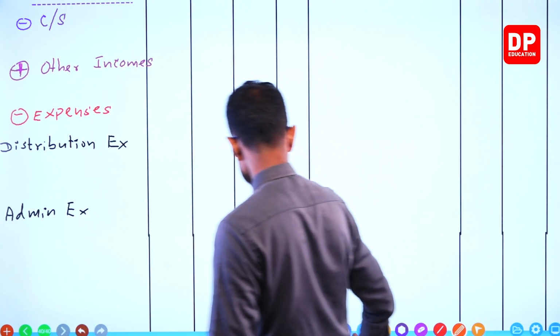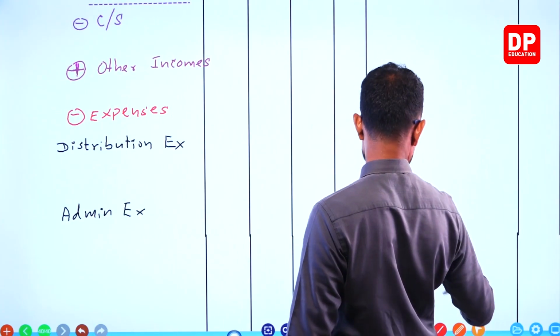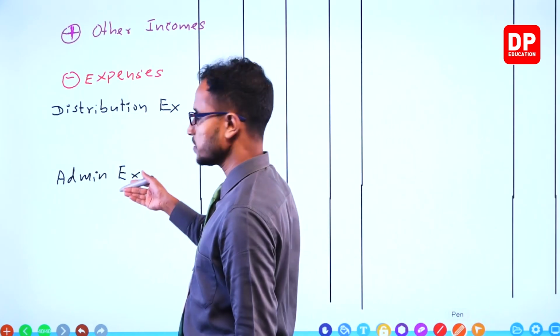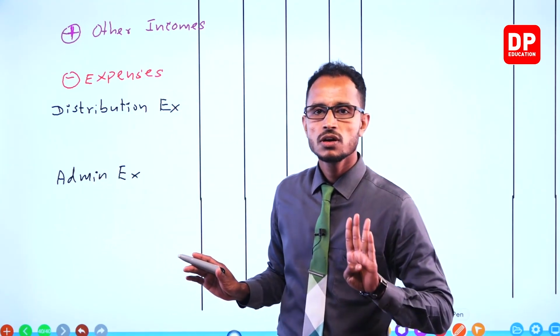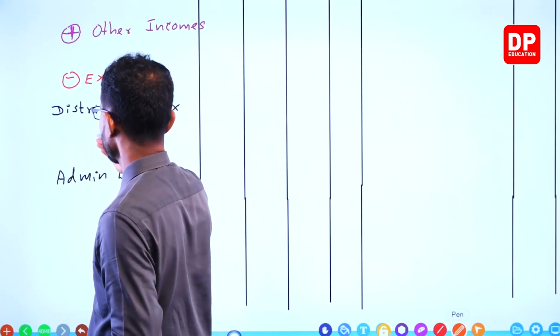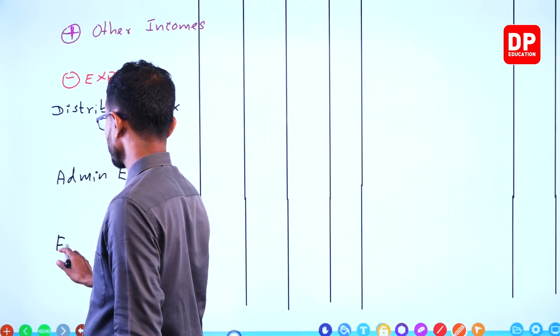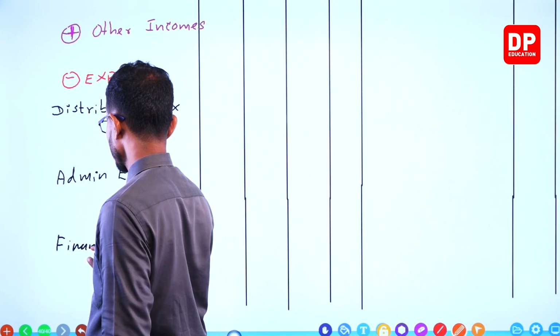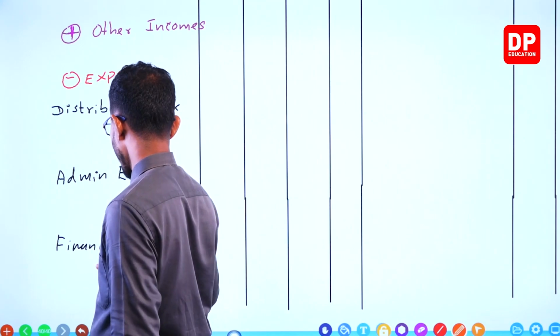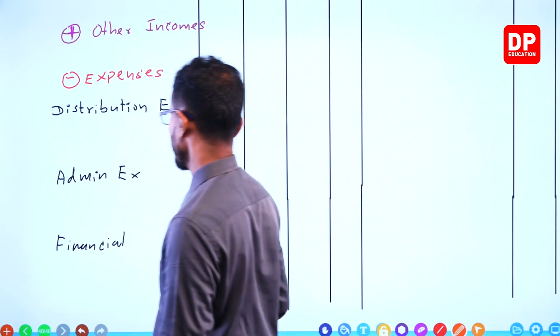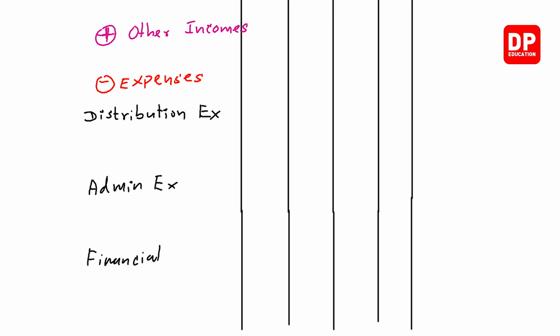Leave at least four lines for admin expenses. Then financial expenses. Can see it now, right? Got it?